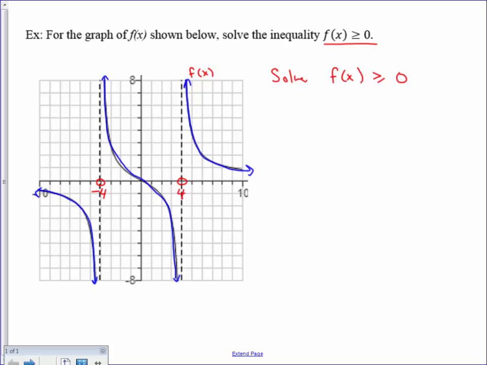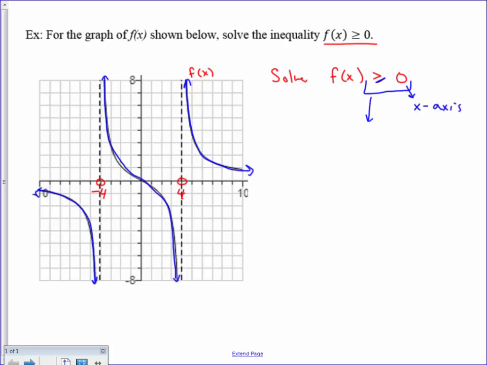Now, we've spoken earlier about what this inequality means. The 0 indicates specifically the x-axis. Notice here that our inequality has a bar underneath it, which means that we actually could include the x-axis or values on the x-axis. The next thing is this inequality is specifically greater than or equal to.